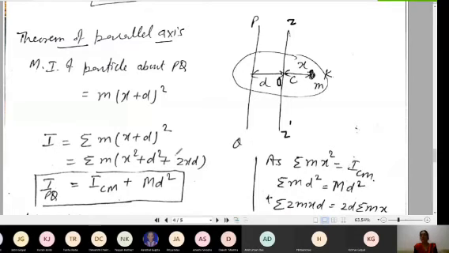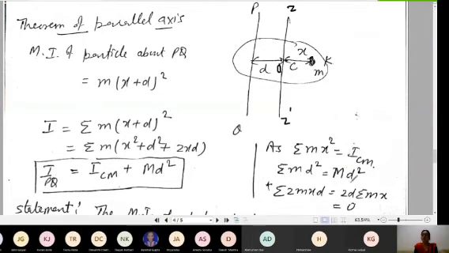Now, if I want to take this term with me, the summation of 2mxd, the 2d is constant. So for all the particles, if this is the body with me, then all the particles are being attracted towards the center of gravity. So the torques, the forces which will be acting, are going to cancel out in pairs.